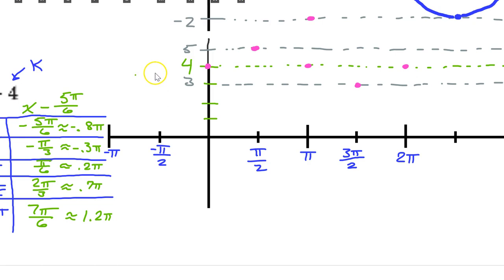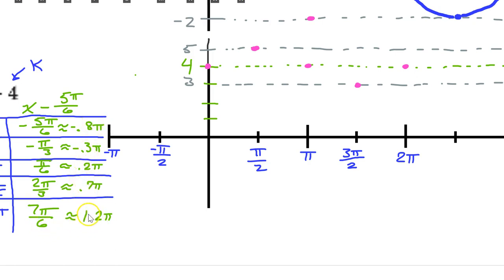All right, I did a little bit of work off camera. Using a 4-function calculator, I converted each one of these fractions into a decimal approximation. So 5/6 is about 0.8, and of course 1/3 is about 0.3. 1/6 is 0.2 approximately. 2/3 is very close to 0.7, and 7/6 is close to 1.2.